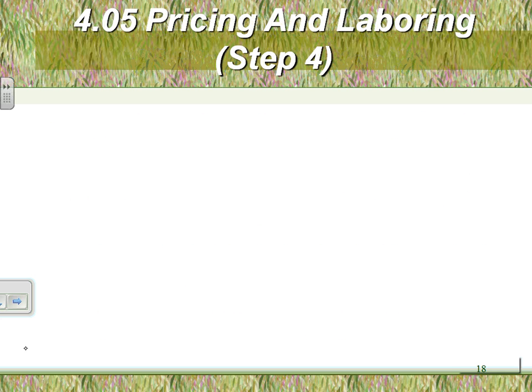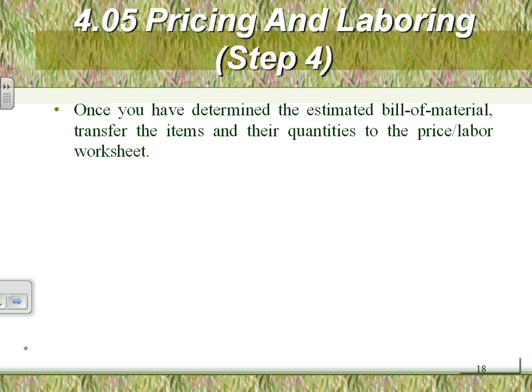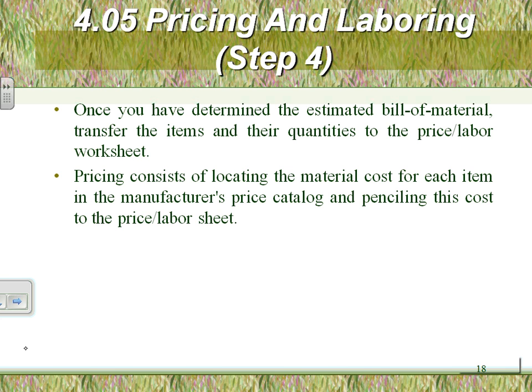Moving on, the next step, step number 4. I have a bill of material, Nick. I need to assign labor and price for it. I need to labor it and price it. So pricing and laboring is finding the price from catalogs and the labor unit from the labor sheets.